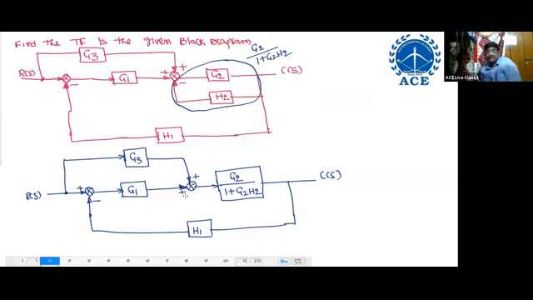Plus. Now we want parallel or loop. What do you want here? Parallel or loop?